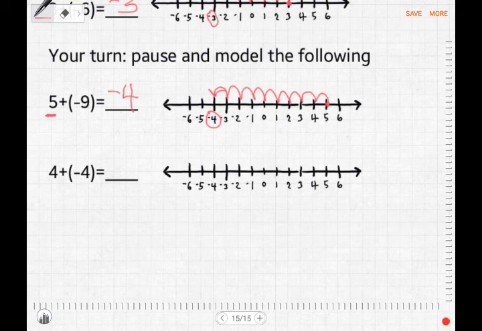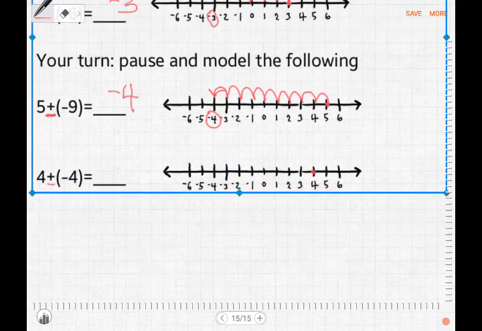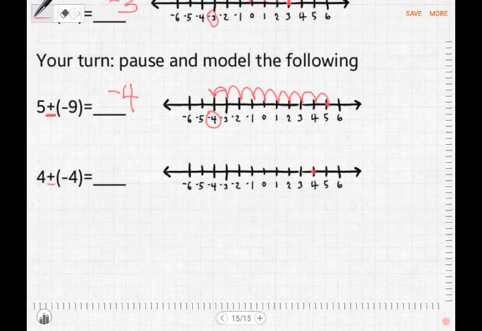Okay? 4 plus negative 4. Starting point 4. Adding a negative, count 4 to the left. 1, 2, 3, 4. And my answer is 0. 4 plus negative 4 is 0.